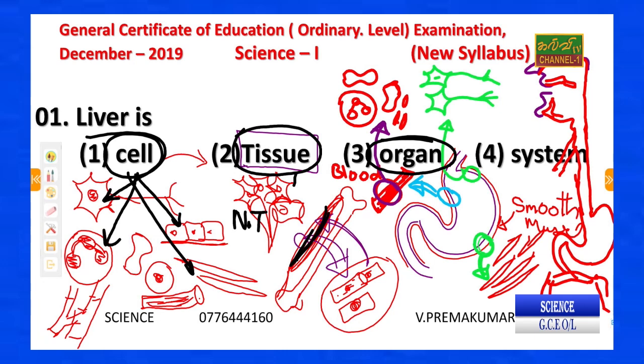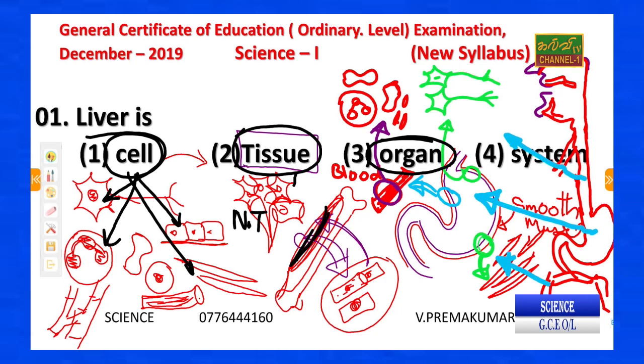So here you can find one organ such as the stomach. Stomach as the organ. Another organ, the esophagus, and the intestine, those are also organs.